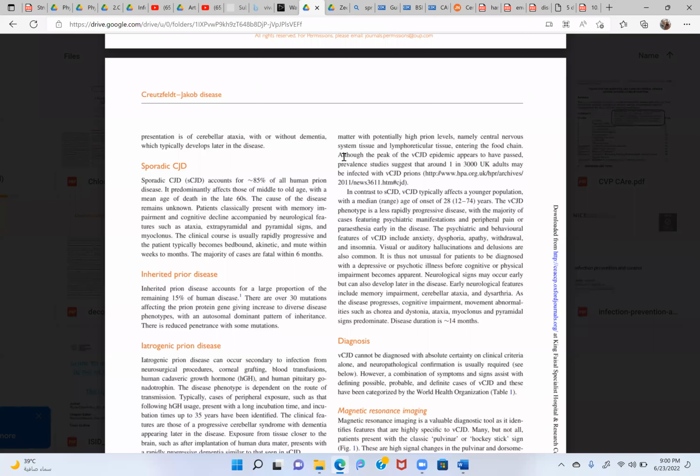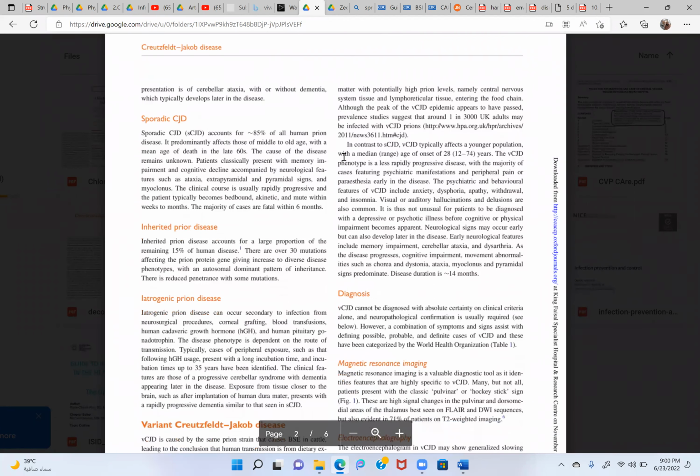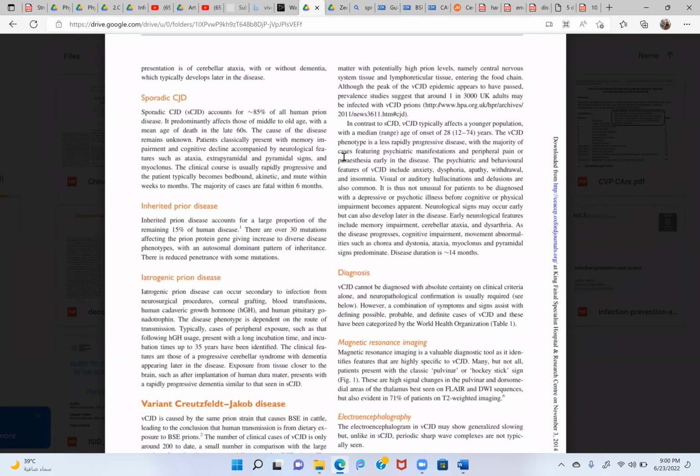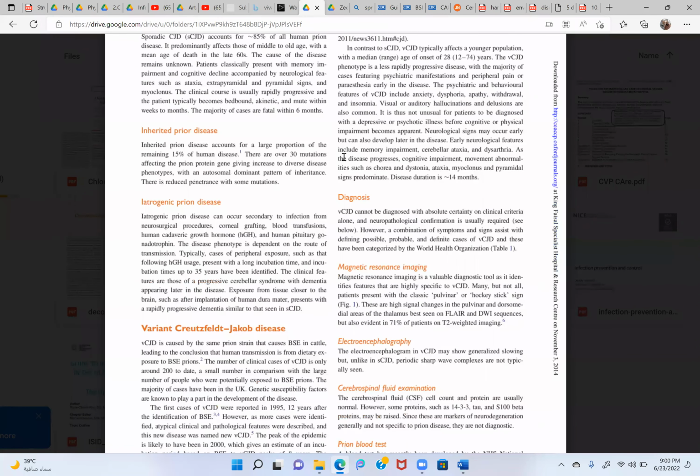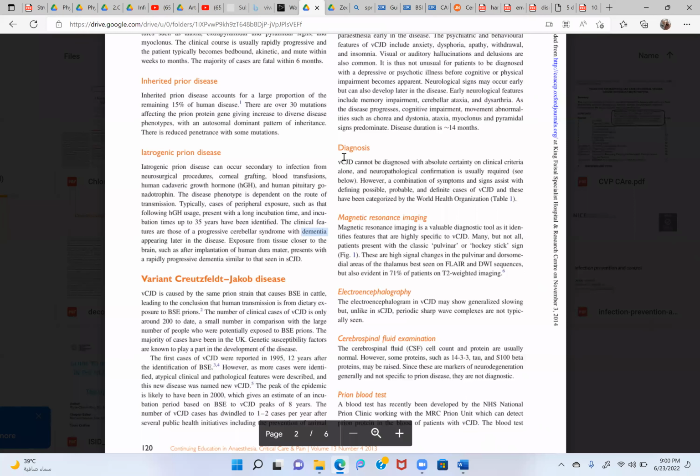It will have neurological problems and can lead to neurological impairment, with anxiety, dysphoria, apathy, withdrawal, and insomnia. It cannot be diagnosed with absolute certainty on clinical criteria alone, and neuropathological confirmation is usually required. However, a combination of symptoms and signs assists with defining possibility.